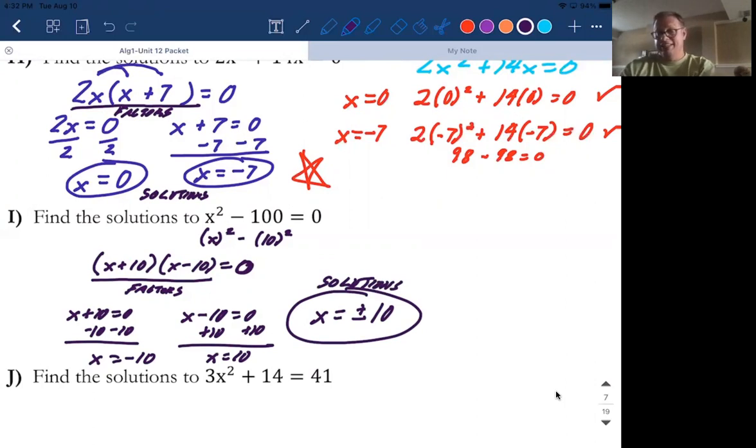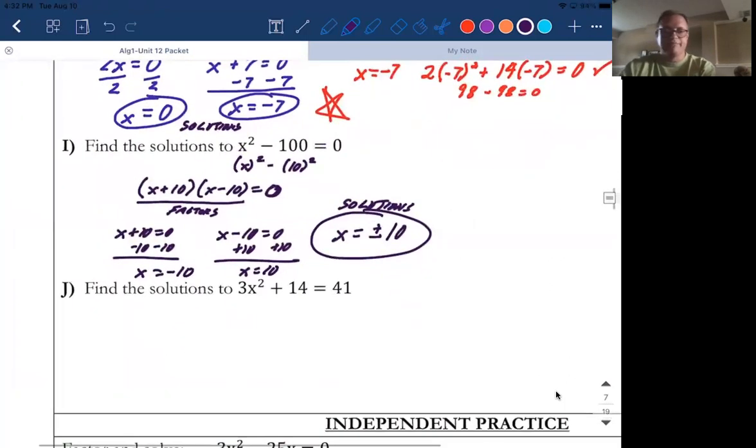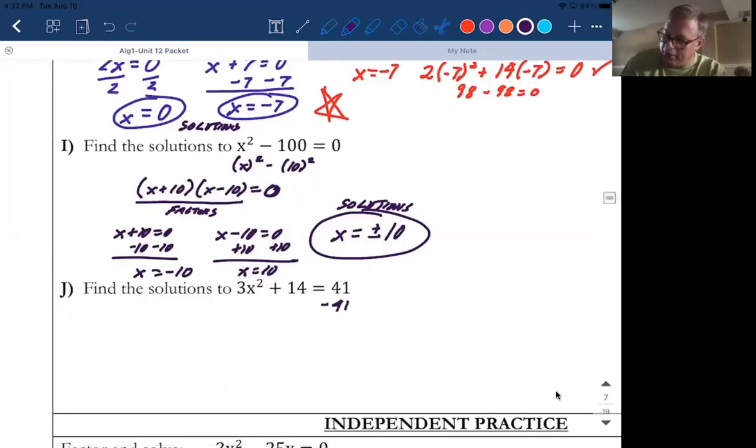I could check it to verify it, just like I did last time if I wanted to as well. Here's J. Find the solutions to this, and one thing we notice right away is we have a problem. This is not equal to 0. So the first thing I have to do is move the 41 over to the other side by subtracting. Gives me 3x squared minus 27 equals 0.